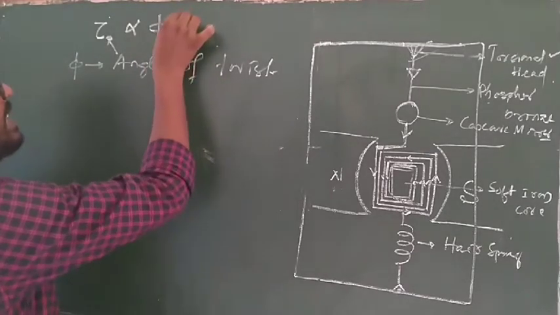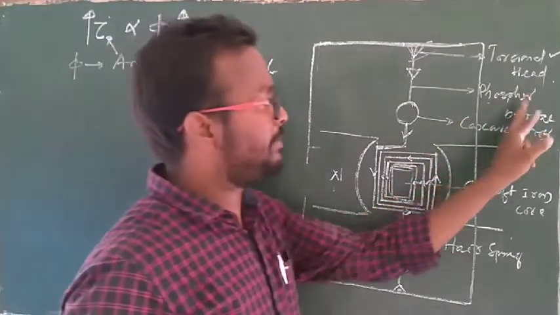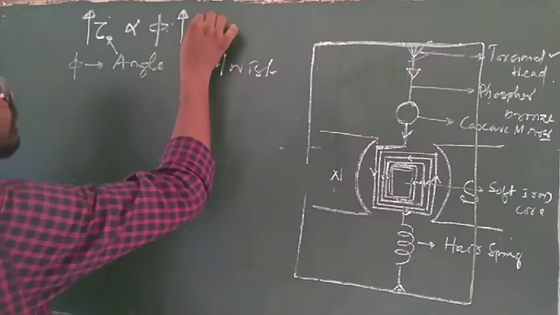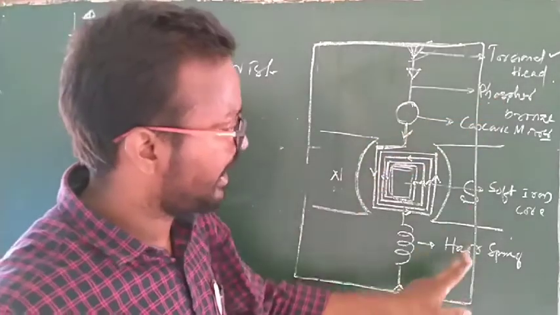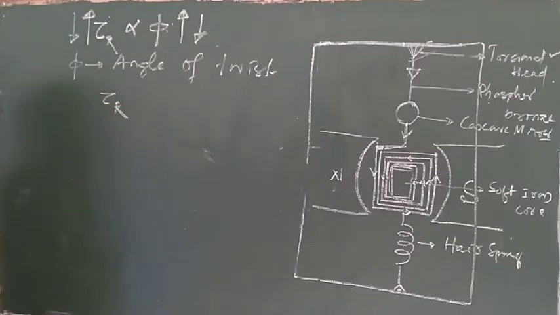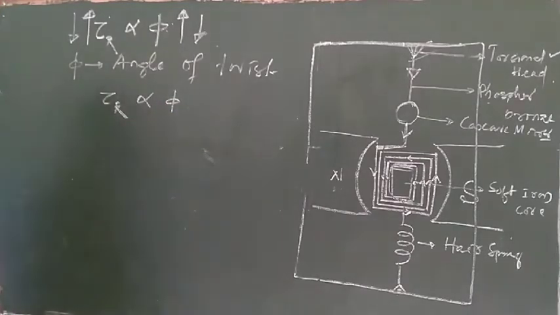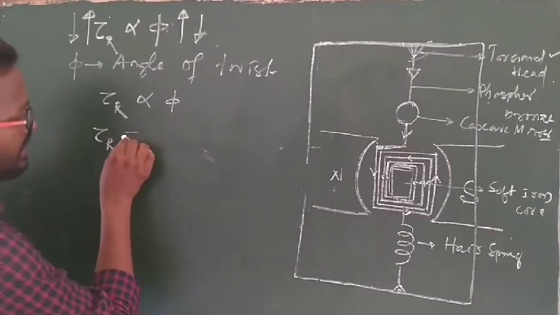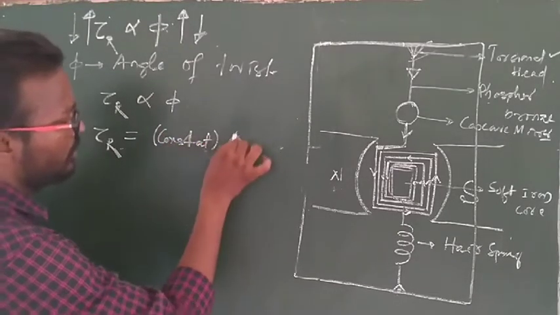If the angle of twist increases, the restoring torque developed in the phosphor bronze or hairspring also increases. If the angle of twist decreases, the restoring torque also decreases. So tau r, the restoring torque, is directly proportional to phi, the angle of twist, and tau r is equal to a constant into phi.